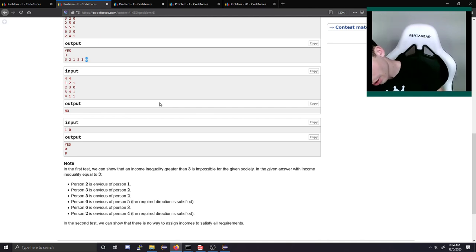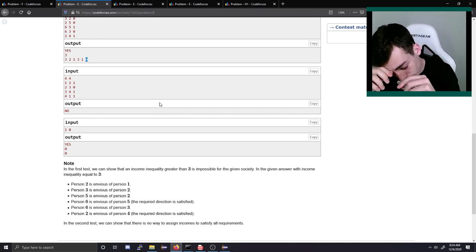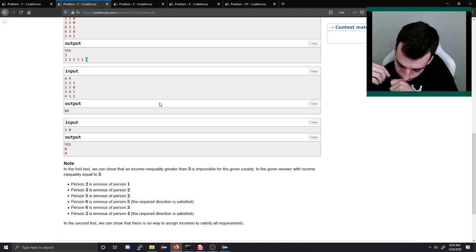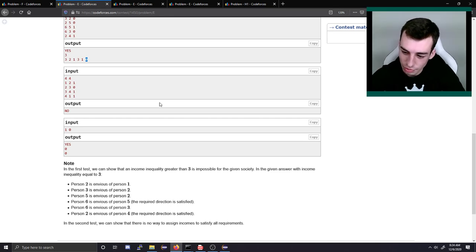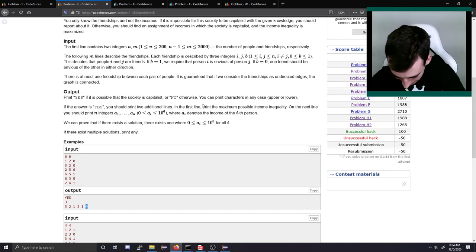Add that edge, that would make it a bit more complicated. If we add an additional edge from 6 to 4, does that tell us anything? Maybe. Man, it feels so flowy. We've got a bipartite graph. We've got small bounds. We need to assign.